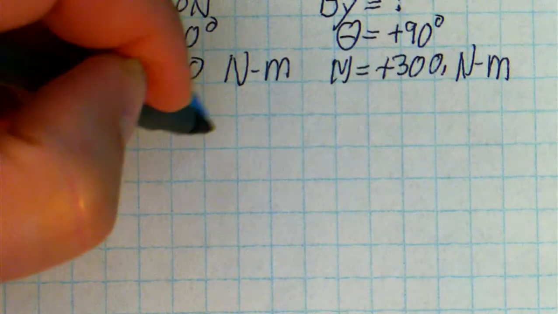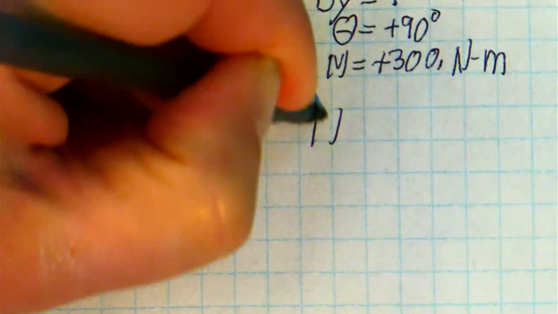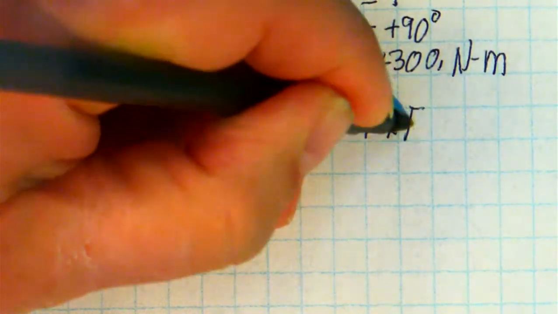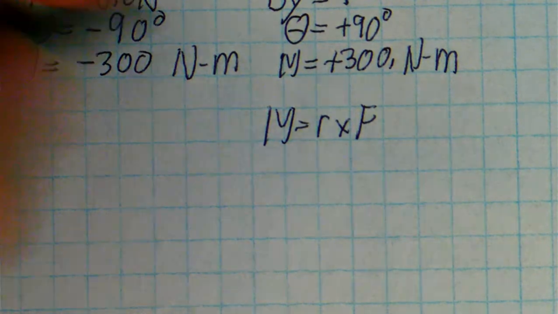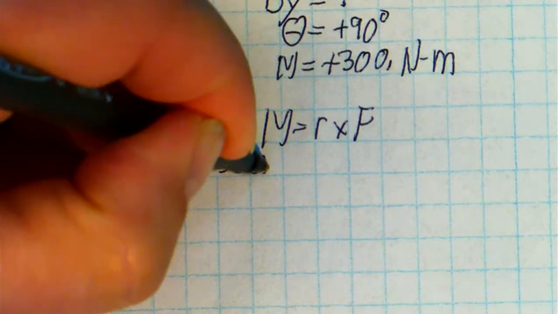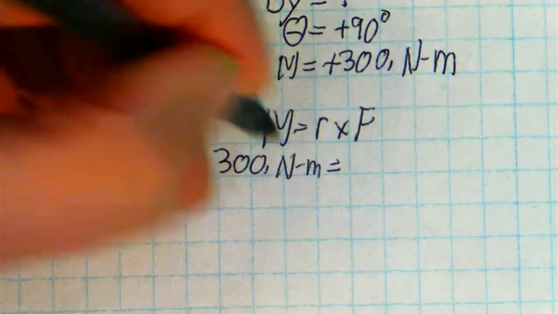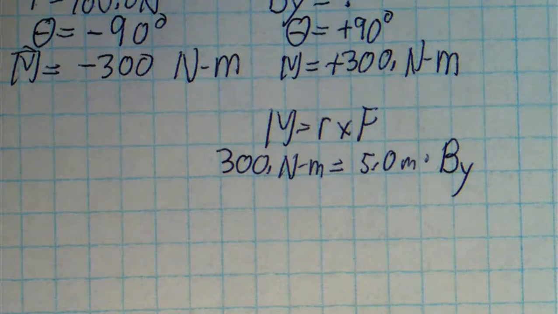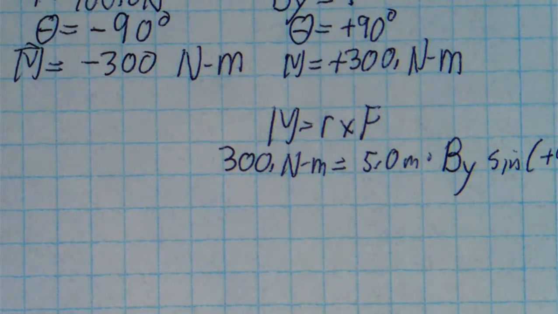In the equation M equals R cross F, we have 300 Newton meters is equal to 5 meters times the reaction force in the y direction through vertex B times the sine of 90 degrees. Okay, so I think your answer is 300 divided by 5.